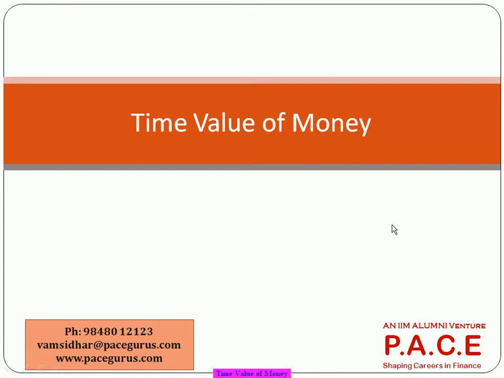Any calculation in the world of finance, we look at the value associated with respect to time. Whenever we are comparing any two investment options, any two decisions, probably I have to purchase a bond or a stock, a share of a company, what should be the investment I have to do?